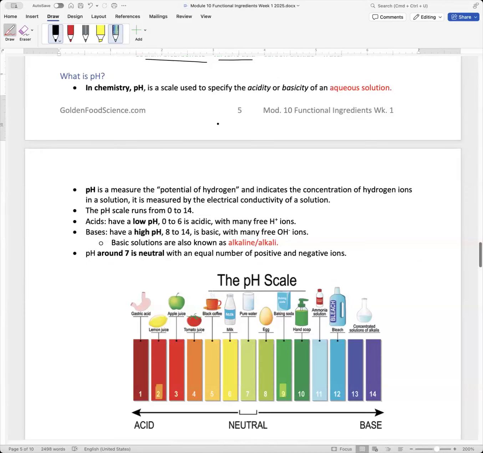So if we look at then what is pH, because that's how we measure how acid an aqueous solution is, by using a pH meter. We take a rod that measures the electrical current passing back and forth, a very fine electrical current, and that electrical current will give us the pH.